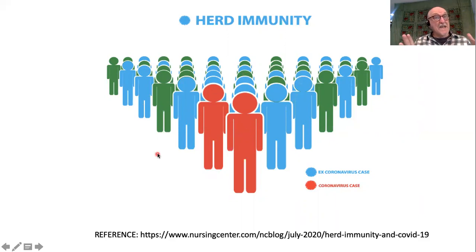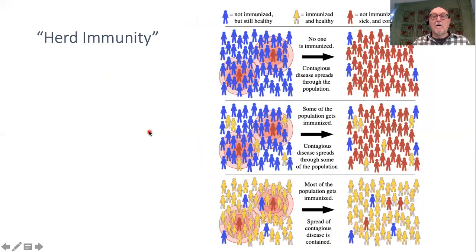Okay, sounds reasonable, right? Because it sounds very much like this, excepting that in this model here, we artificially immunize people with a vaccine.